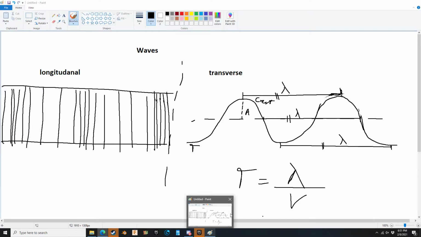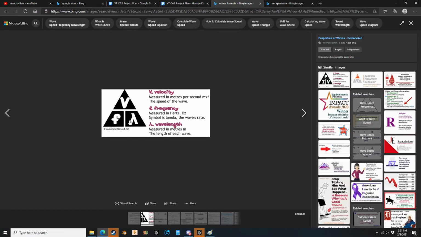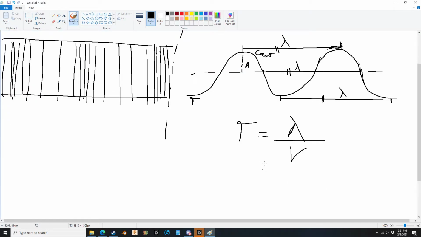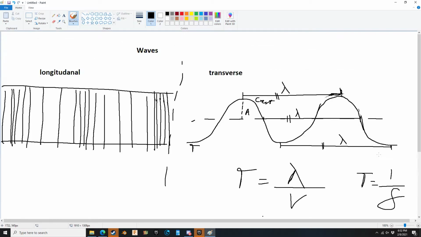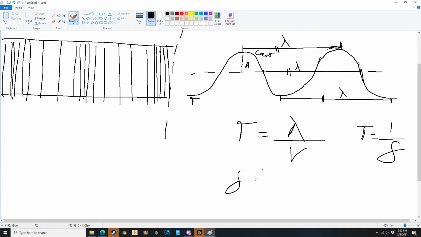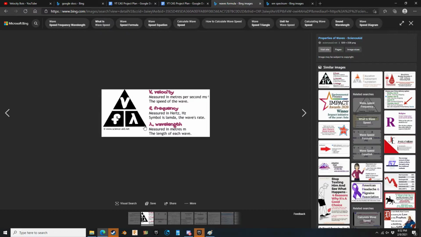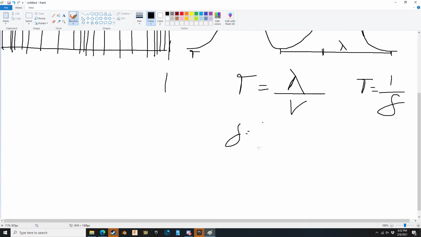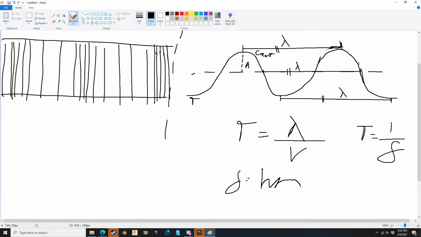This is one of our fundamental formulas, so it's going to be very useful, as well as another one where T is equal to 1 over f. Frequency is measured in hertz.